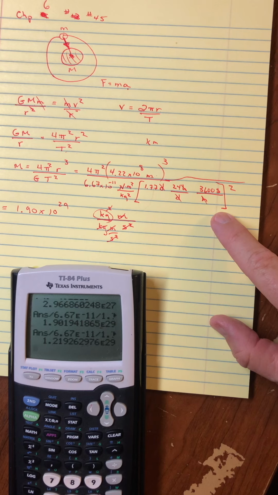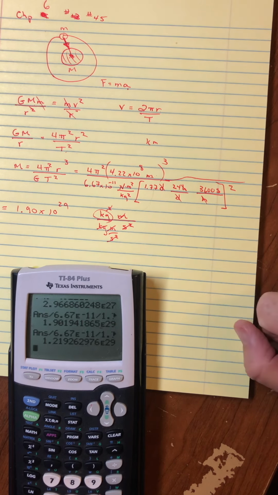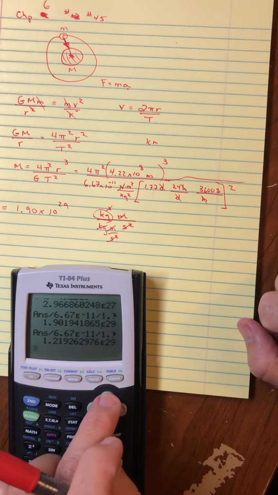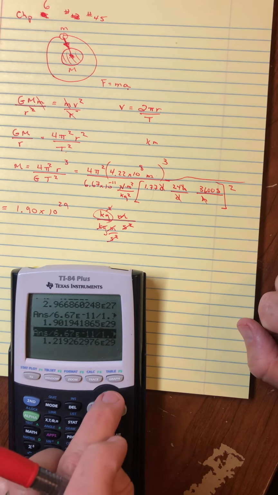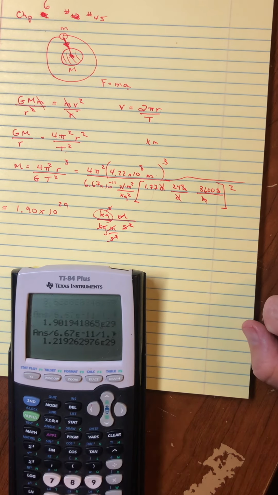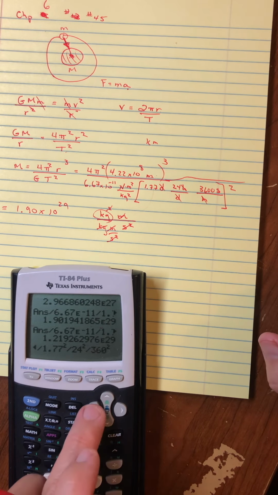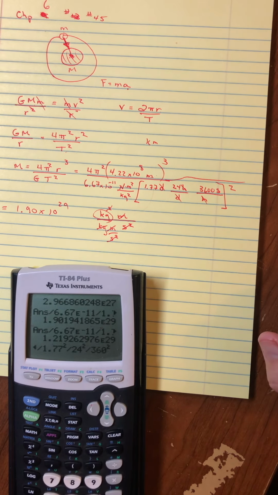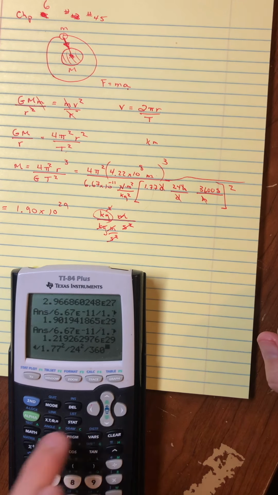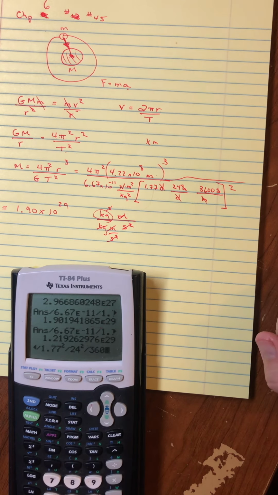Oh, that's not quite what I wanted to do. Sorry, so I was off a little bit. Let me just edit it. How about that? All right, let's come back over here and see if we can do better.